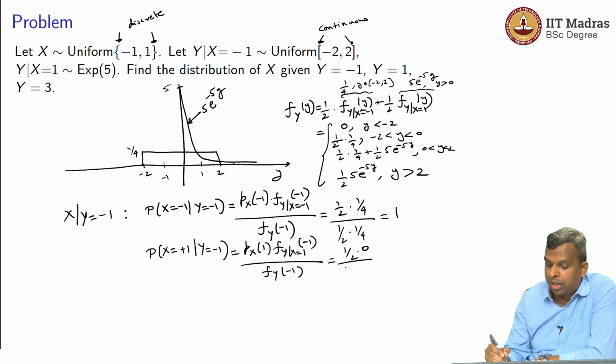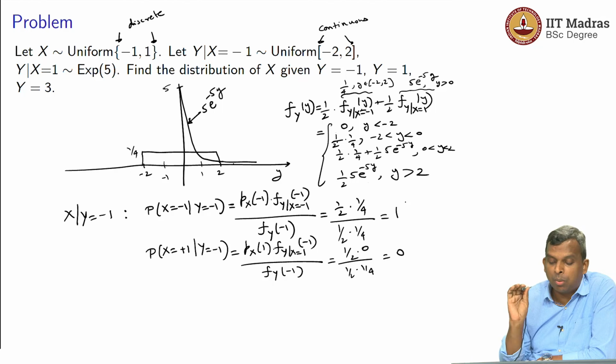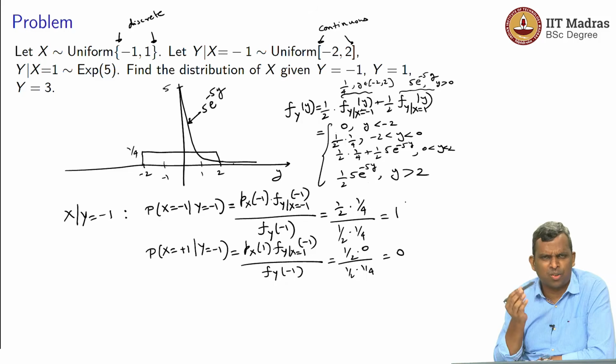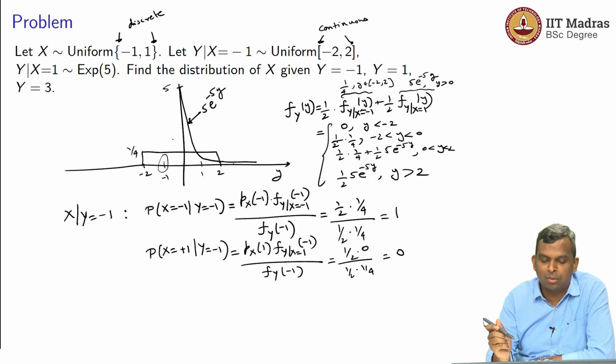Okay, so it's half times 0 over half times 1/4, and that's 0. So the conditional distribution of x given y equals minus 1 is actually a constant. There is no distribution here. It's equal to minus 1 with probability 1. Okay, now that makes a lot of sense, right? So look at this plot. If y were to be minus 1, clearly x has to be minus 1. If x is plus 1, there's no way y is going to be negative. Okay, so this works out so easily.